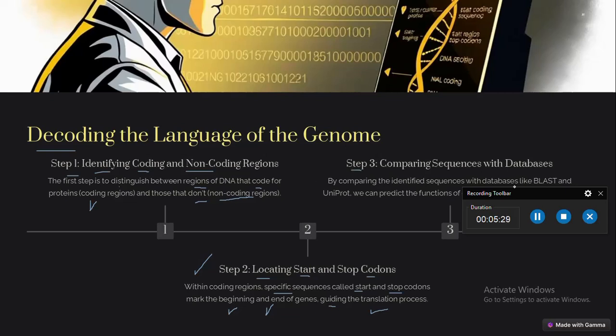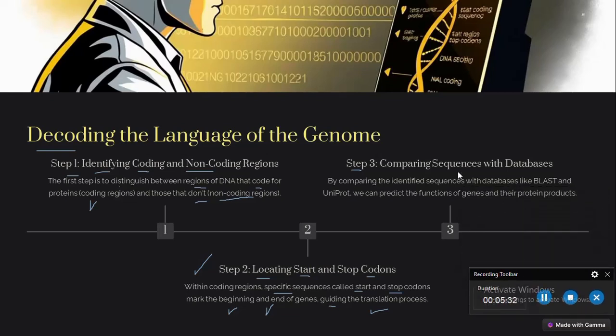Step 3: we compare the sequence with databases. By comparing the identified sequence with databases like BLAST and UniProt, we can predict the function of this gene and its protein product. From knowing the coding part and the start and the stop, I can now know the sequence of nucleotides. This sequence can be used for nucleotide alignment using BLAST.